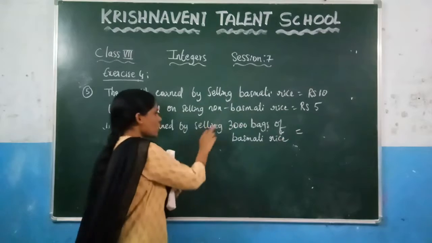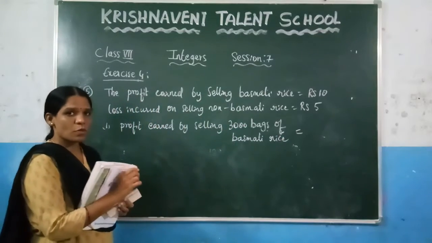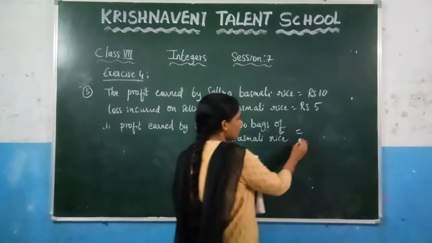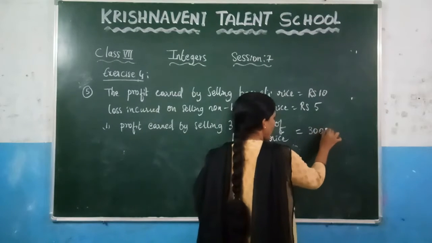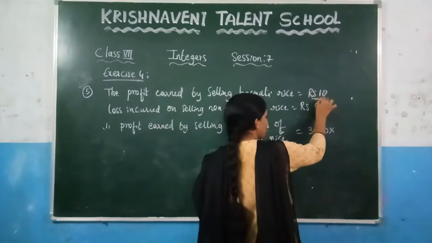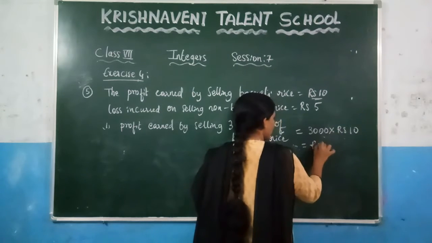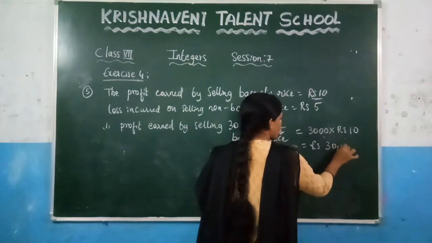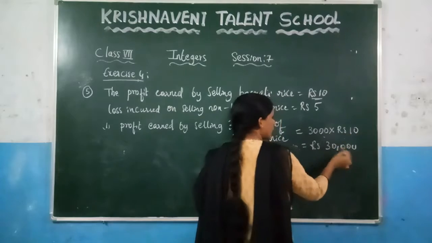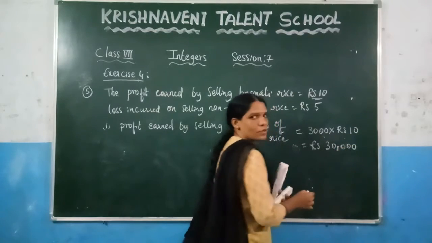If he sells 3000 bags of basmati rice, how much profit will he get? It is nothing but the 3000 bags into how much profit he is getting, 10 rupees. So the total profit will be 30,000 rupees. 3000 into 10, which is nothing but 30,000.